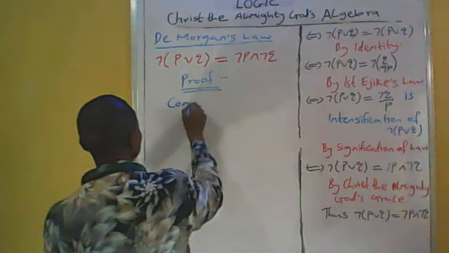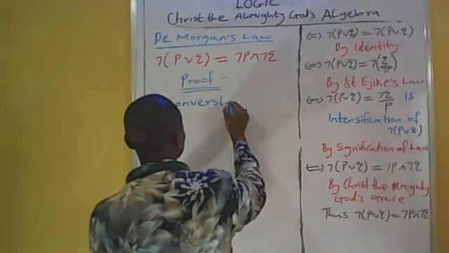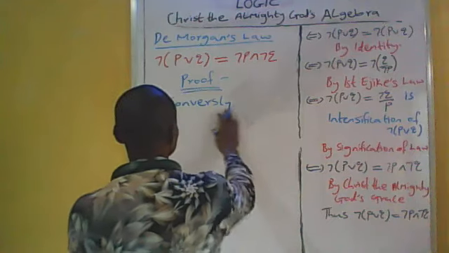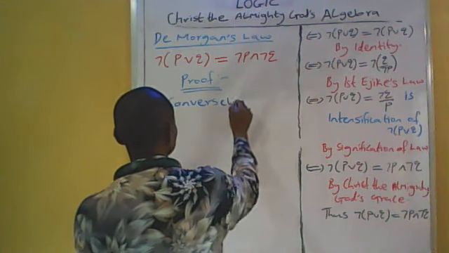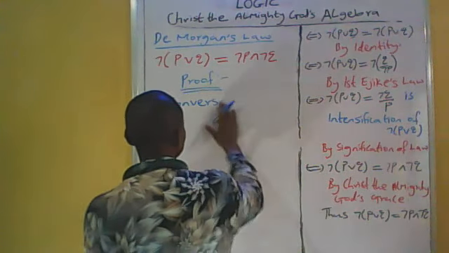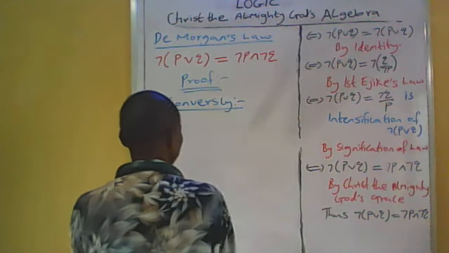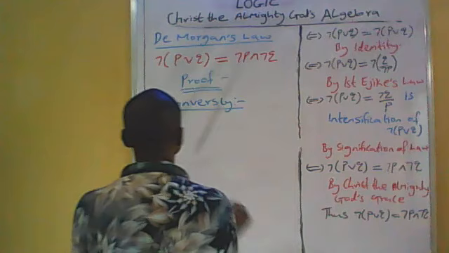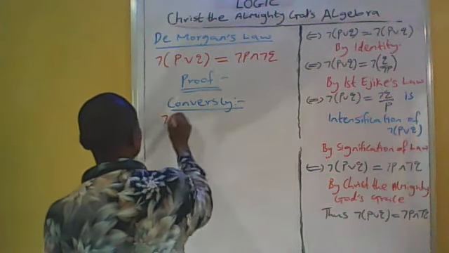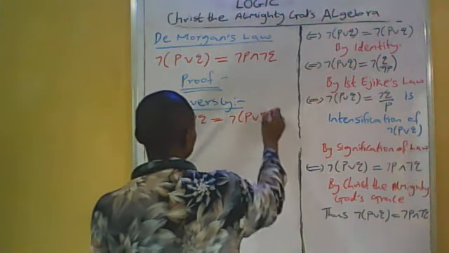So conversely, not P and not Q is equal to not (P or Q).